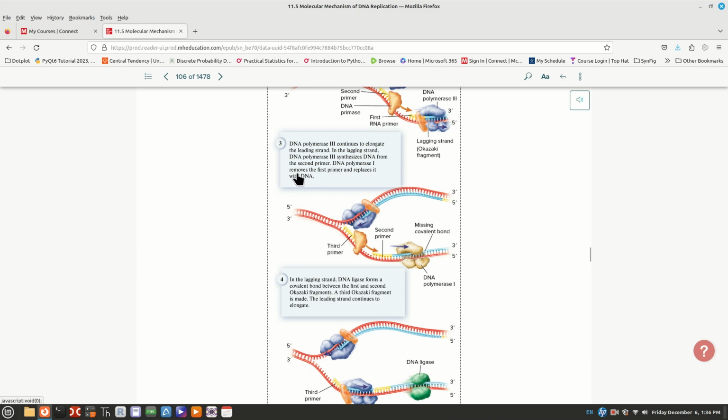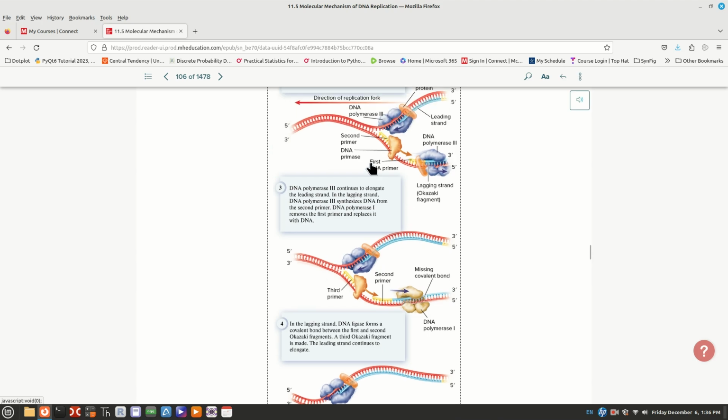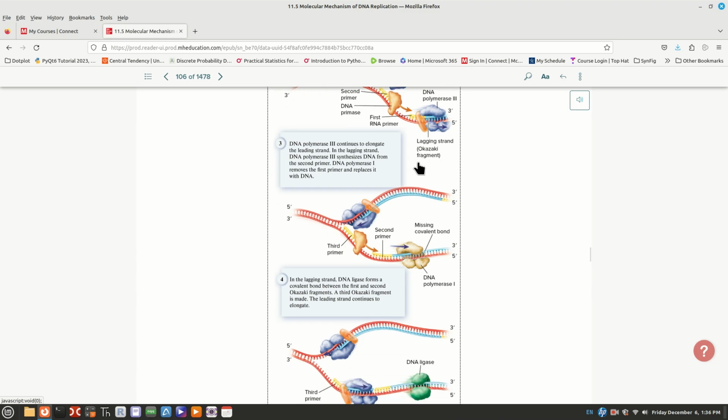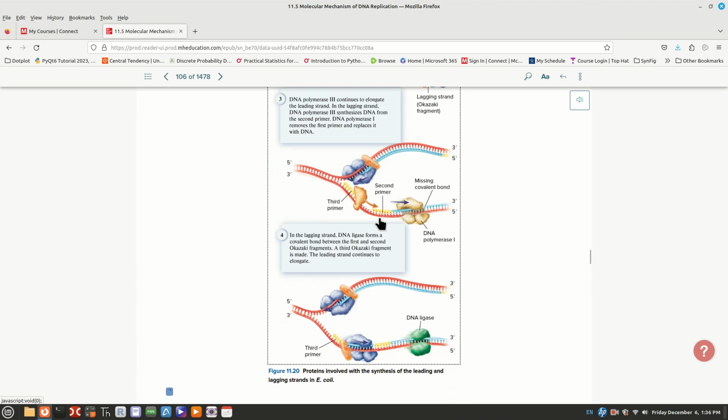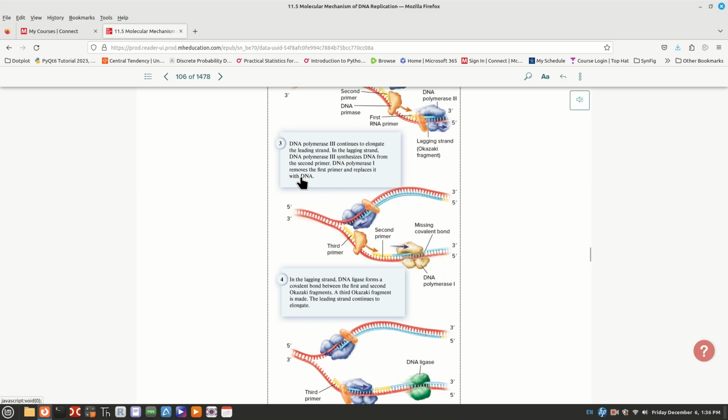So it sounds like it's replacing all of this, and it's no, not really. I mean, it's altering it chemically, yes, but it's essentially turning the uracils to thymines, and that, of course, would make that DNA. There is another chemical reaction that has to occur, but we don't need to know it.